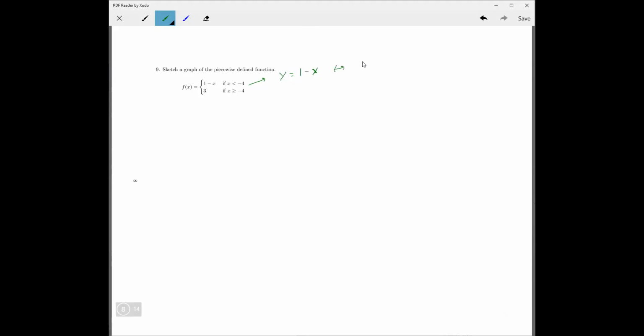But that's the same as y equals negative x plus 1. If I put the x term first, then I have it in the standard slope-intercept form of a line. So this is telling me that the slope is negative 1, and the y-intercept is 1.